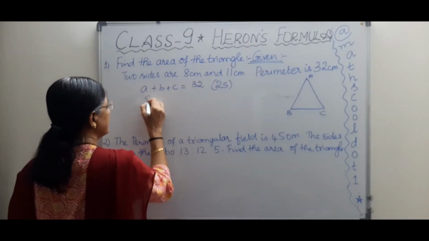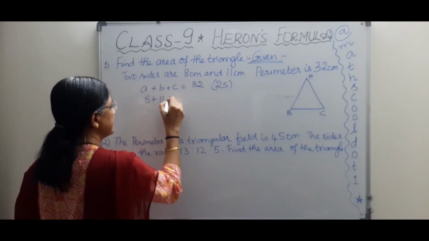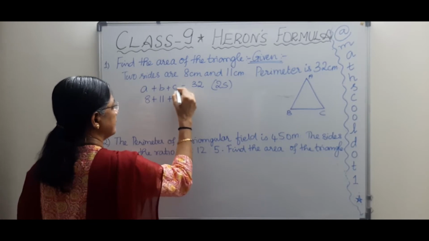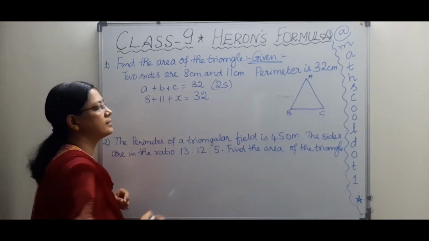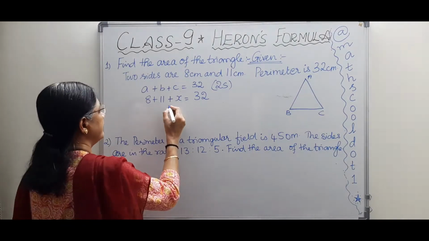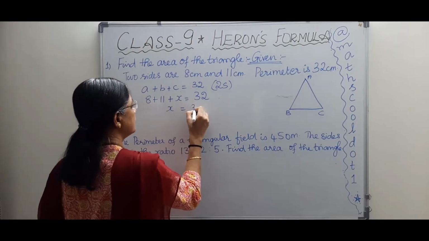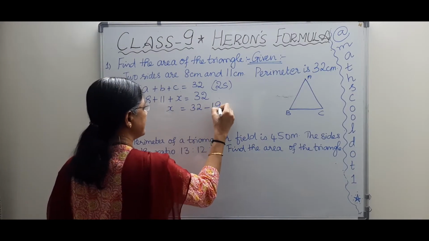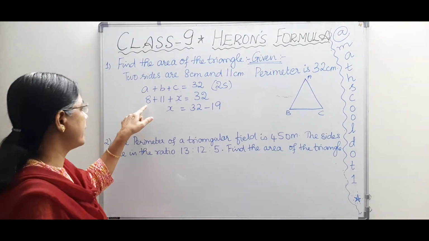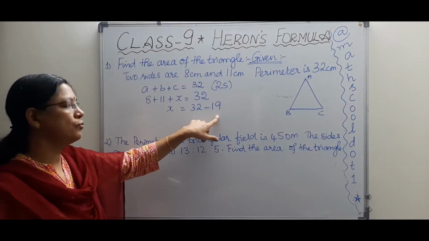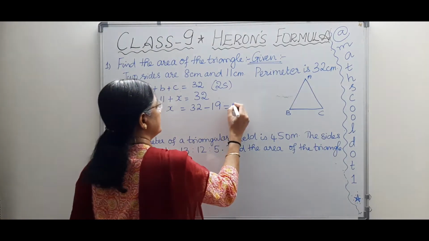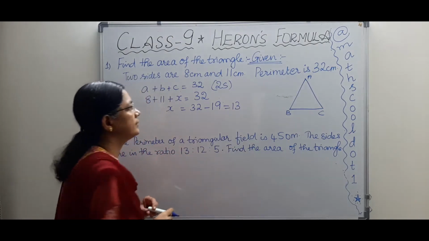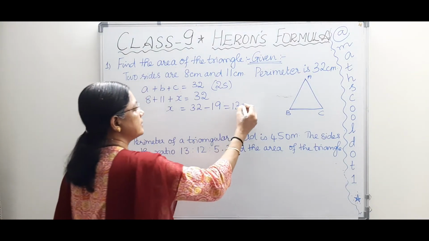Let us take the third side as x, and x is equal to 32 minus 19, since 8 plus 11 is 19. So 32 minus 19 is going to be 13. So 13 centimeters is the third side.